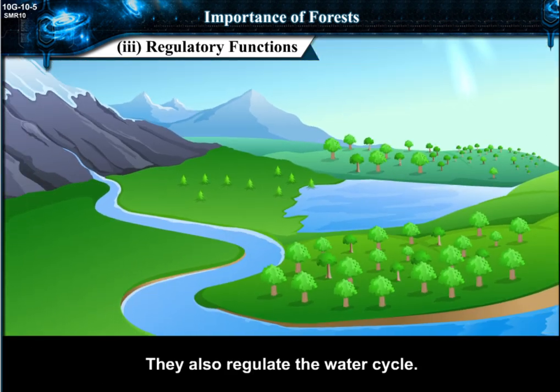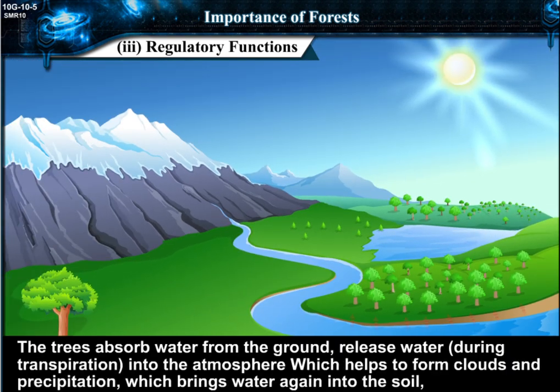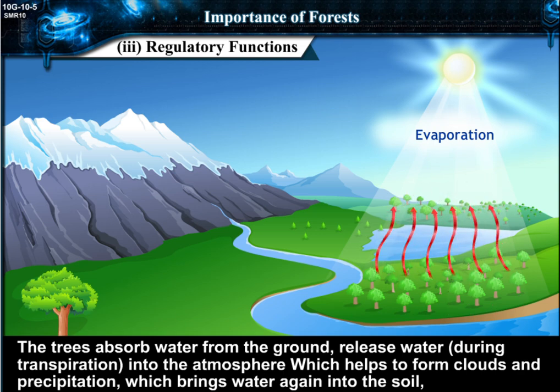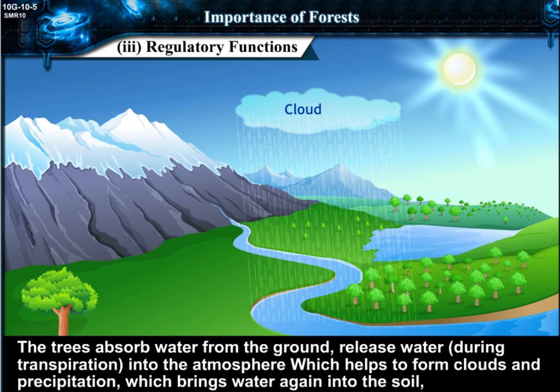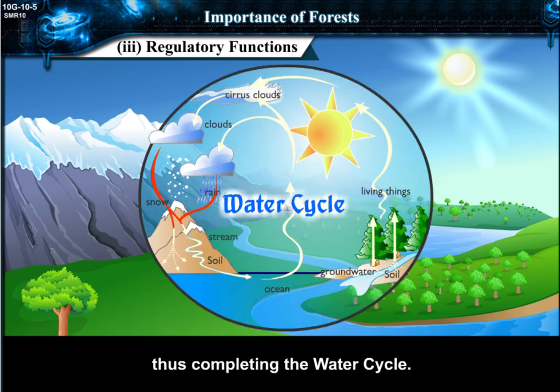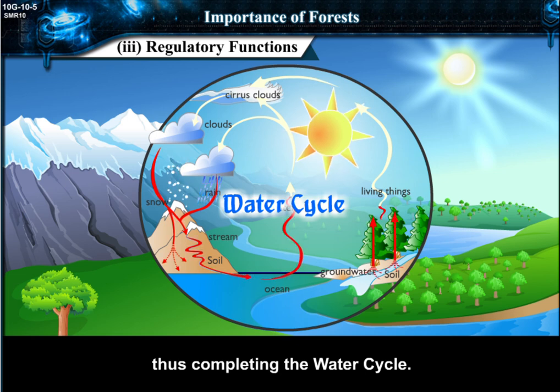They also regulate the water cycle. The trees absorb water from the ground, release water during transpiration into the atmosphere, which helps to form clouds and precipitation, which brings water again into the soil, thus completing the water cycle.